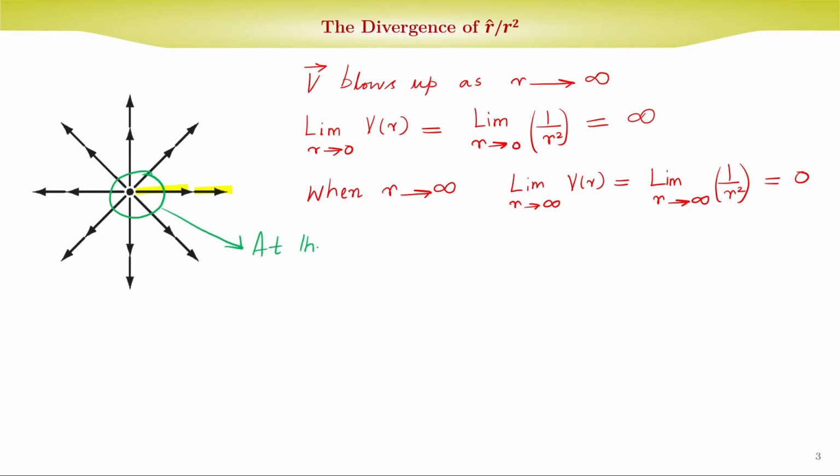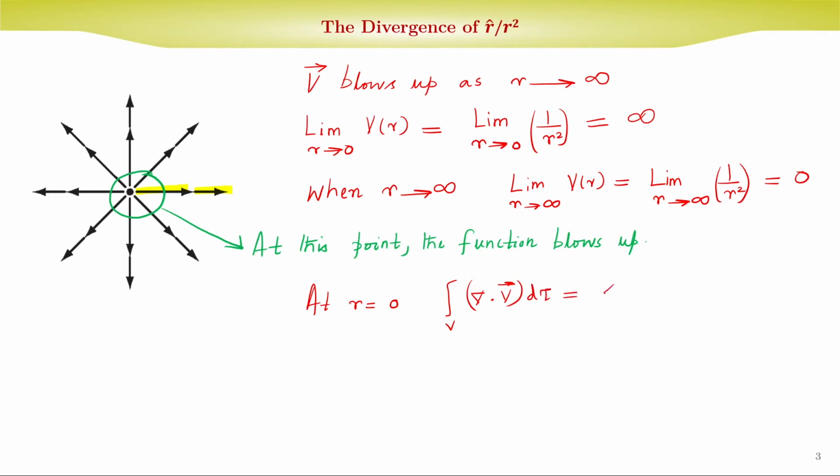This indicates that del dot v has a bizarre property: it vanishes everywhere except at one point, which is r equal to 0. At r equal to 0, we should have the volume integral of del dot v d tau equal to 4 pi for any sphere, no matter how small.